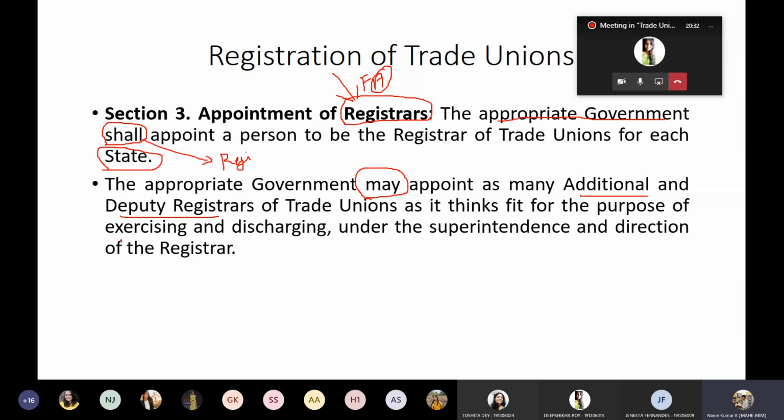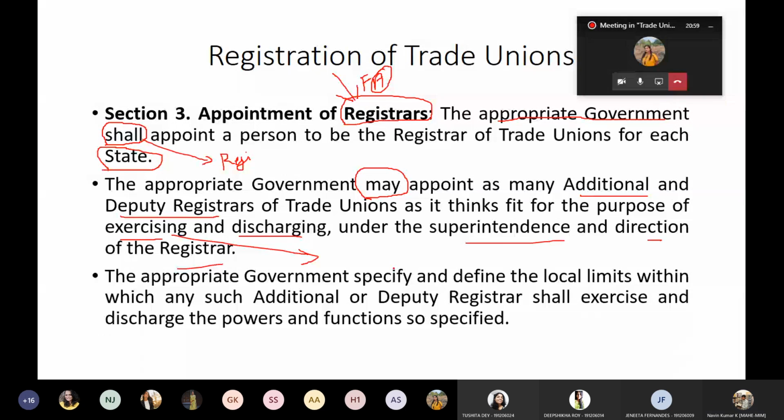What is the purpose? In order to exercise and discharge certain functions under the superintendence or direction of the registrar, with respect to the registration. Because see, in one particular state there are so many unions and there may be so many applications. In order to assist all these functions, the government may appoint additional or deputy registrars.